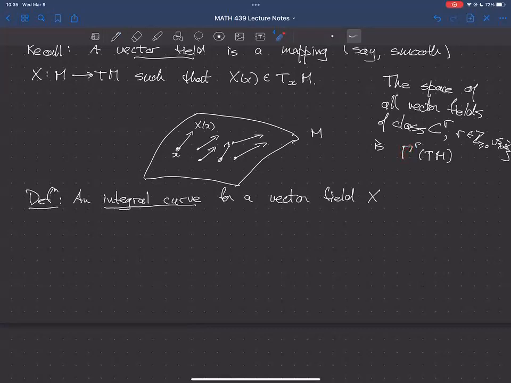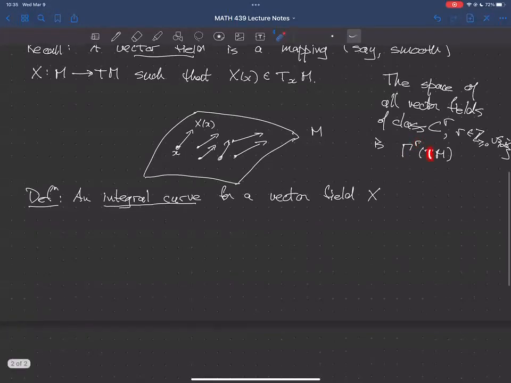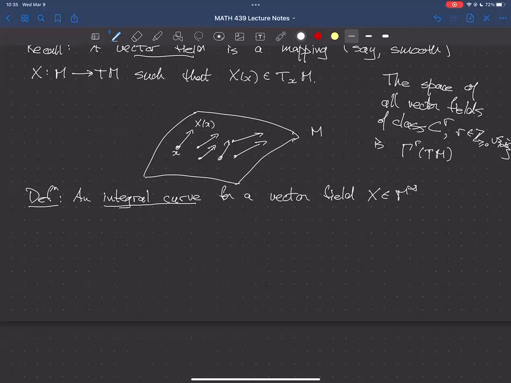Okay, so gamma means set of all things, r specifies its differentiability, and TM means that we're looking at things that are tangent bundle valued. Okay. And so again, just for concreteness, I'm going to talk about infinitely differentiable vector fields.